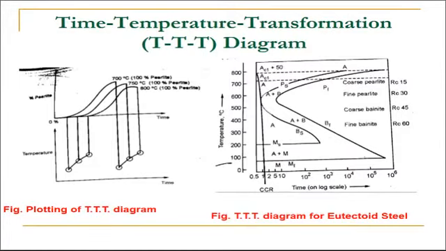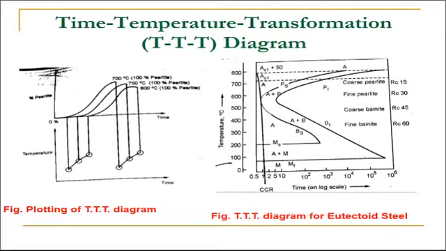The TTT curve or TTT diagram, also known as the S curve or C curve or isothermal transformation diagram, is plotted by making use of various graphs. These graphs are obtained as follows: first, a particular steel is heated to a certain temperature such as 700, 750 or 800 degrees Celsius, where 100% pearlite is formed, and it is obtained at room temperature conditions.